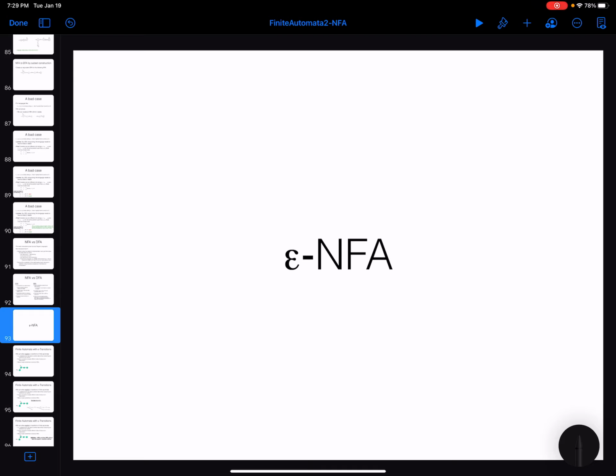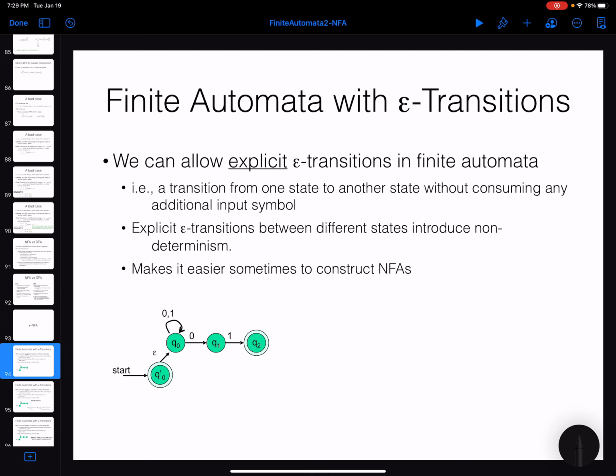In the textbook that I chose for this course, we have a separate section for Epsilon NFA, so I thought it would be better to explain it as a separate topic. So in the next video, I'm going to explain what an Epsilon NFA is, and again, I will show that Epsilon NFAs are equivalent to NFAs and DFAs.